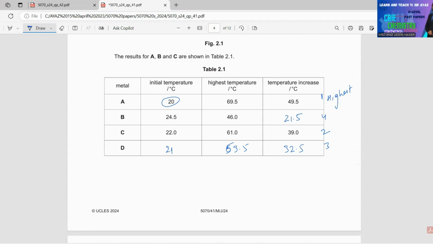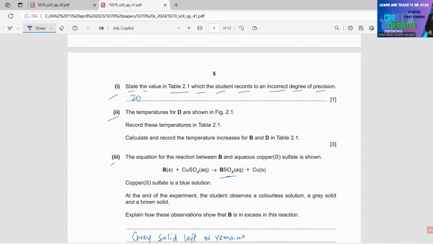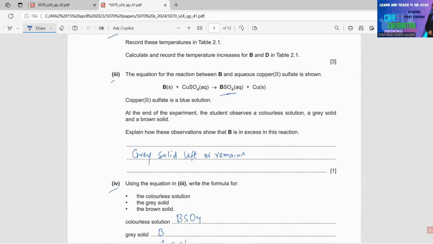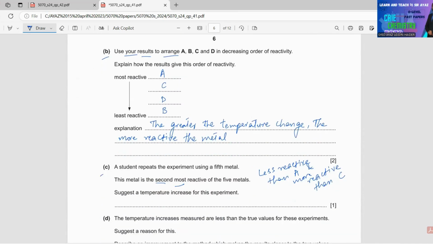So it can have any value between 39 and 49.5.